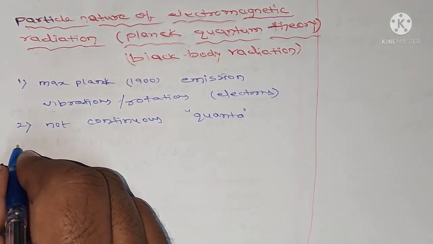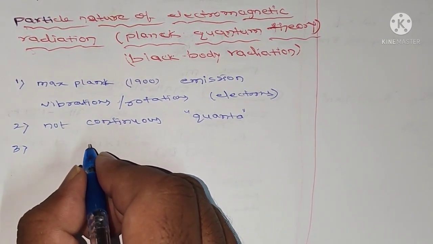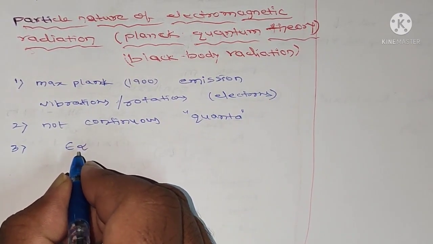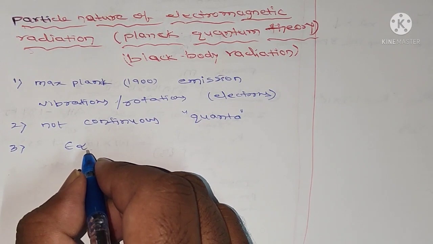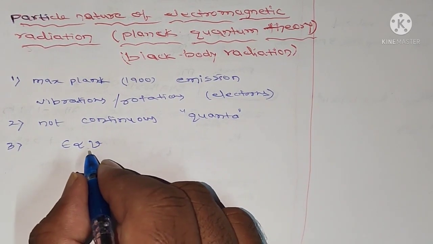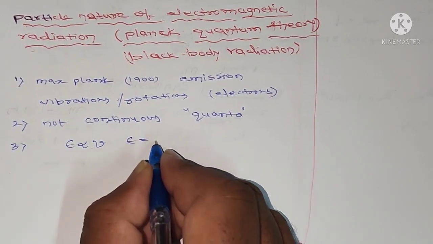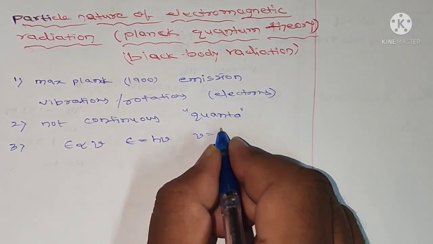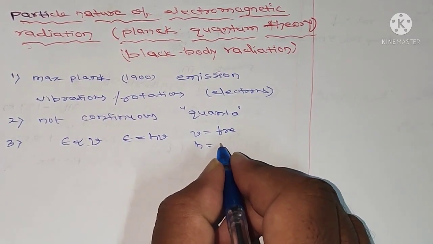And the energy of each quantum is directly proportional to its frequency nu. Here we take a constant, Planck's constant. So E is equal to h nu, where nu is the frequency and h is Planck's constant.